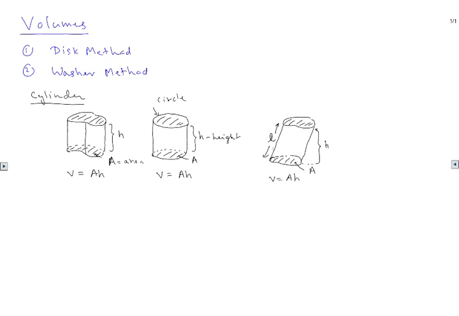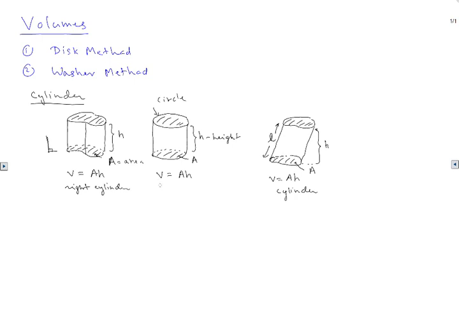There are special names for these. This is generally a cylinder, and then this is what we call a right cylinder. Why right? There's a 90 degree angle here, so the base and the height are perpendicular, so that's a right cylinder.